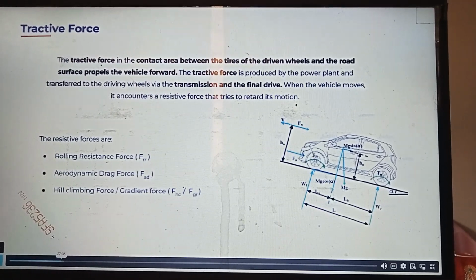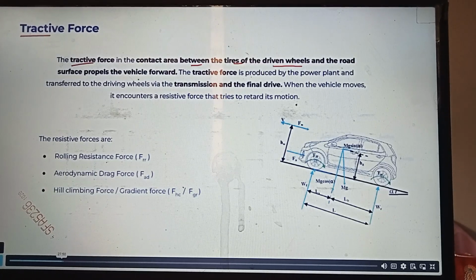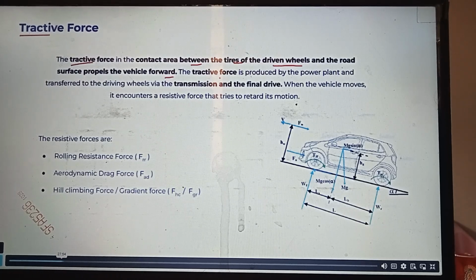So the force here for a vehicle, we call it tractive force. The tractive force in the contact area between the tires of the driven wheels and the road surface propels the vehicle forward.